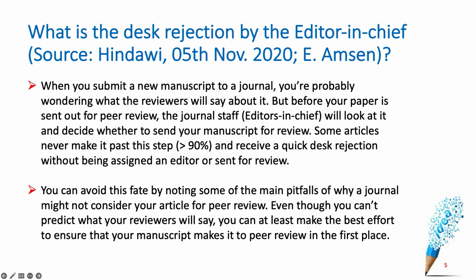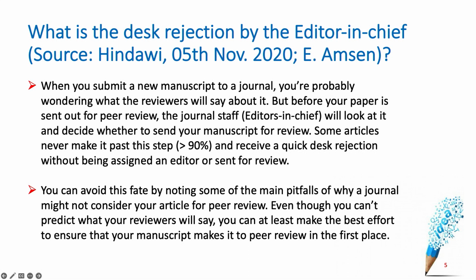So then you need to understand. You can avoid this fate by noting some of the main pitfalls of why a journal might not consider your article for peer review. So you have to ponder why your paper is rejected.